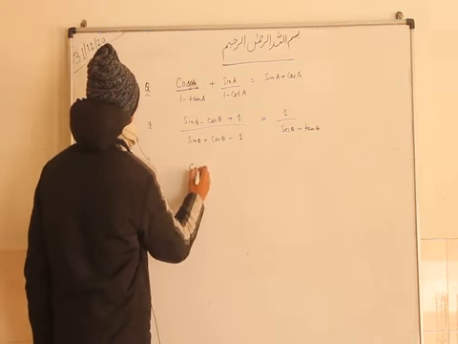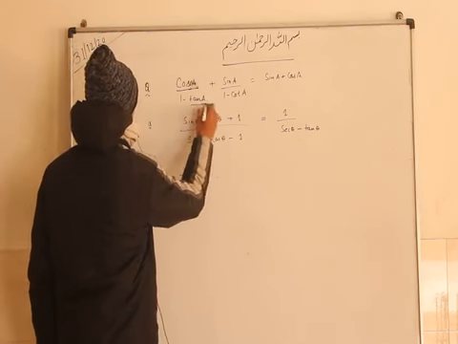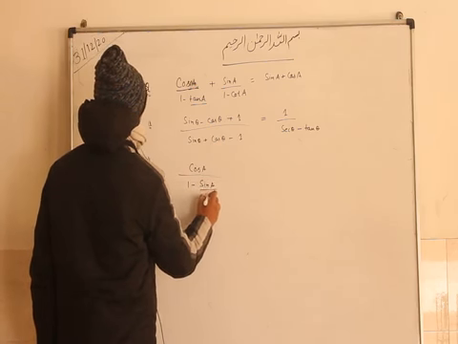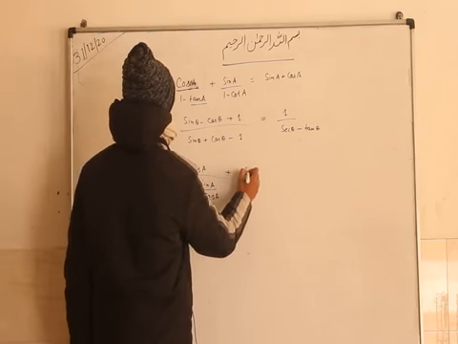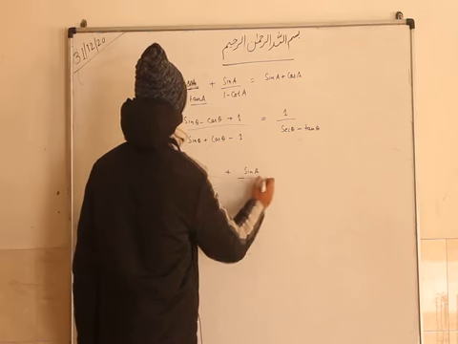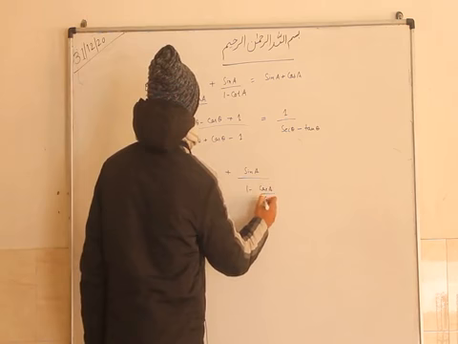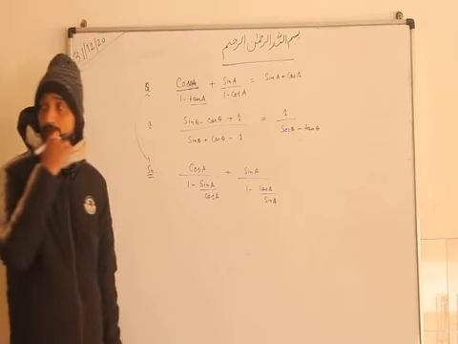This is cos A upon 1 minus tan A, we can change this. It will be sin A upon cos A, right? Similarly here, this is sin A upon 1 minus cot A, that is cos A by sin A. Okay, so first step is this. We are changing this into sin and cos.